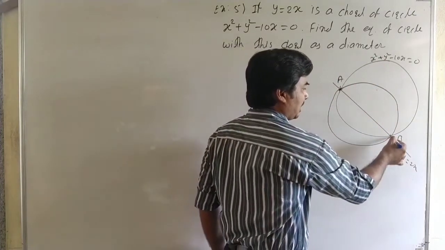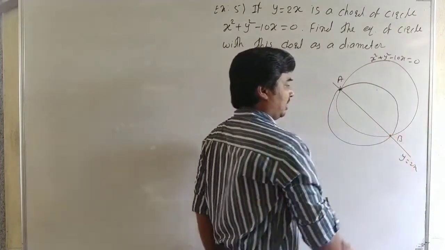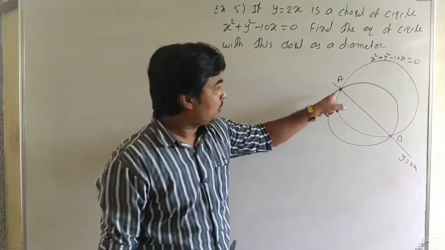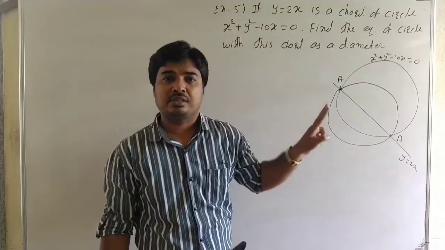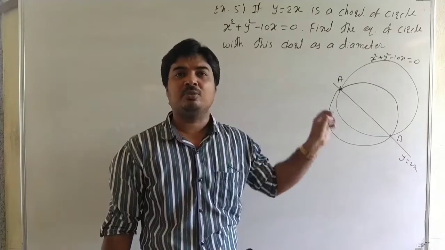A and B are the points of intersection of circle and chord y is equal to 2x. So first we find the point of intersection between chord and the circle, and these points are the end points of the diameter of required circle.